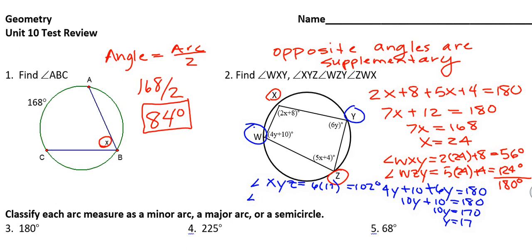The other angle is ZWX, and that equals 4 times 17 plus 10. I was going to say 68, but it's 68 plus 10, which is 78. So those are all our angles, and those two added together do equal 180.